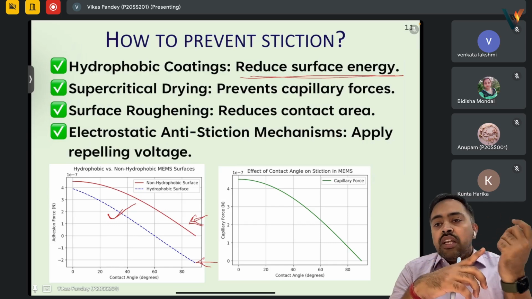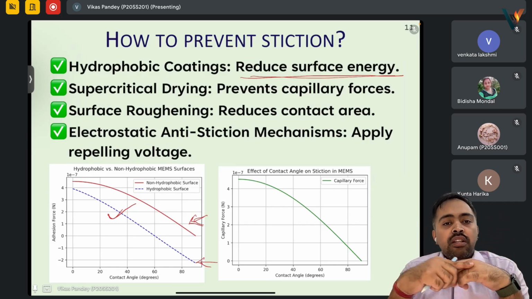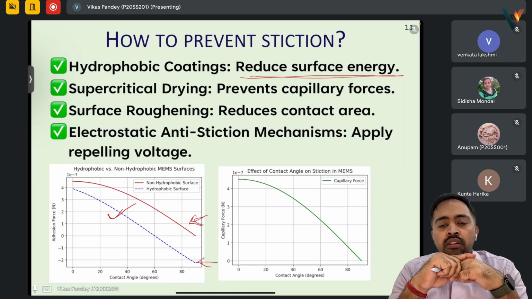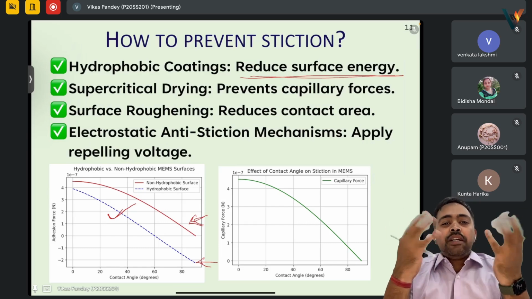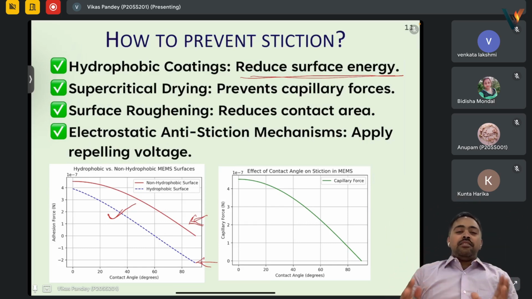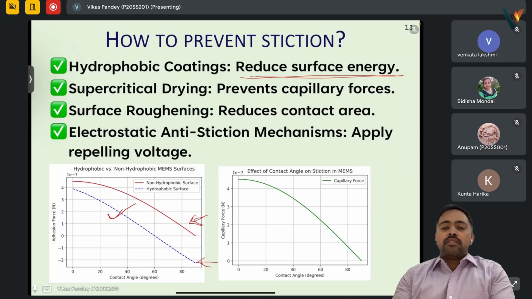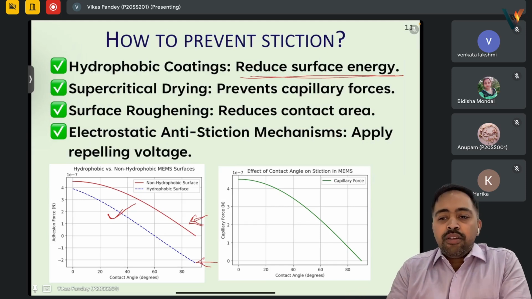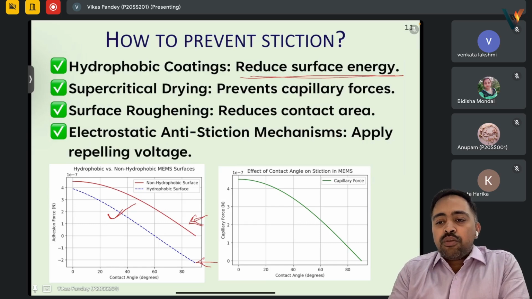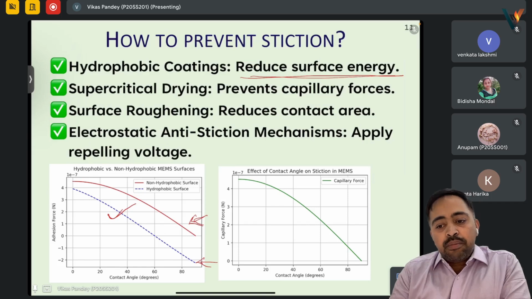Supercritical state, anyone knows what is supercritical state of carbon dioxide? Yes, anyone? Please speak up, don't be shy. It's fine. You are not being judged. Please speak. Anyone? Yeah, Kunta Harika, are you there? Yeah, please speak up.